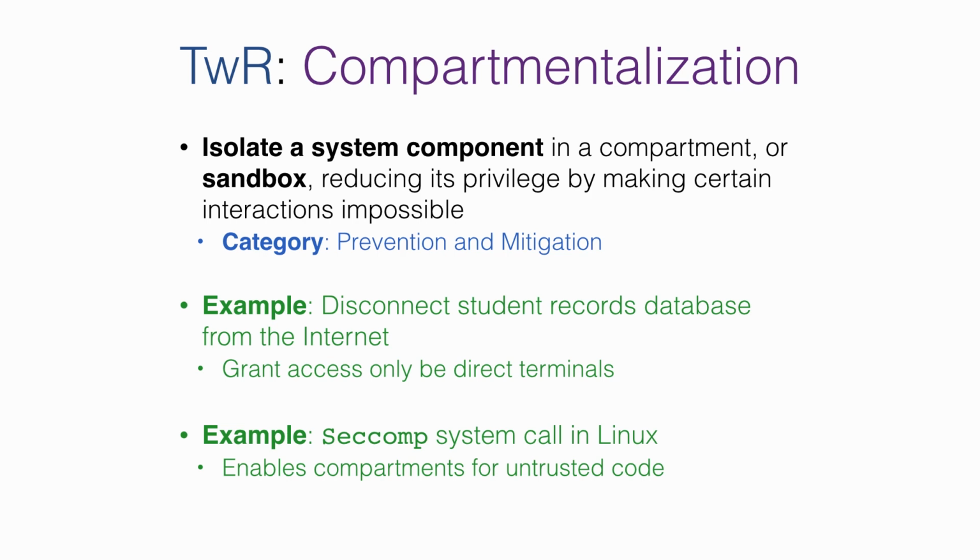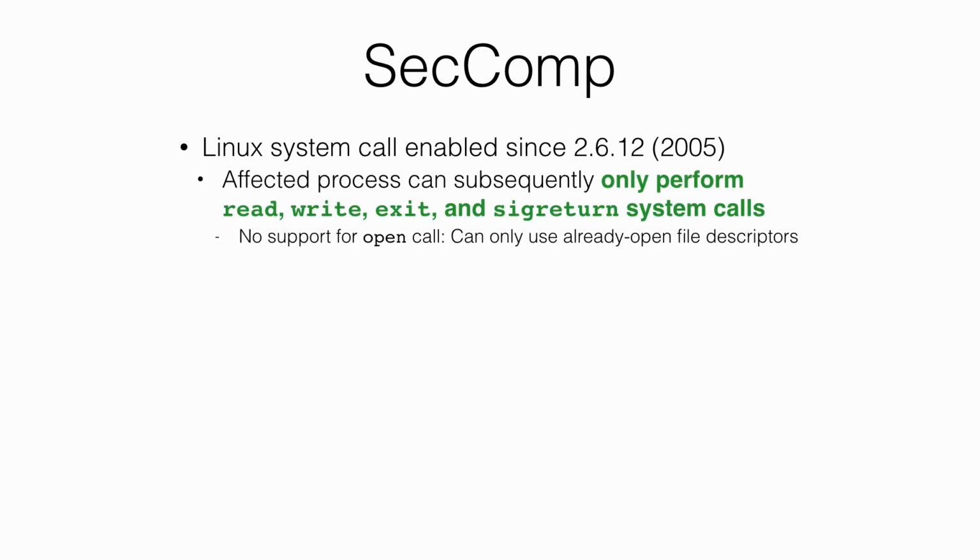Another example of a mechanism for compartmentalization is the seccomp system call in Linux. This system call enables us to build compartments for untrusted code. Seccomp was introduced in Linux in 2005. The way that it works is that the affected process can subsequently only perform a limited set of system calls: read, write, exit, and sigreturn.